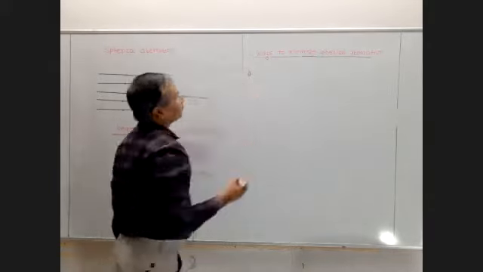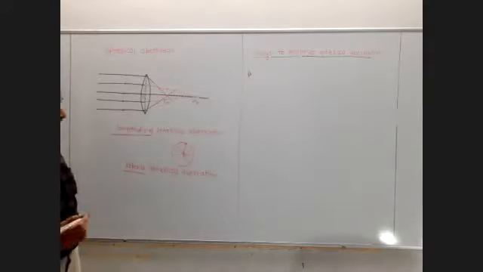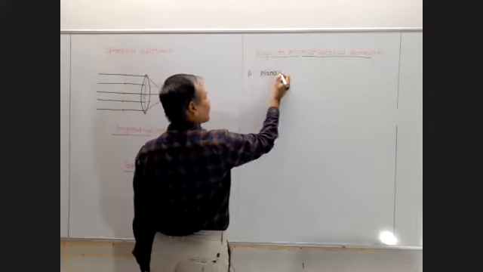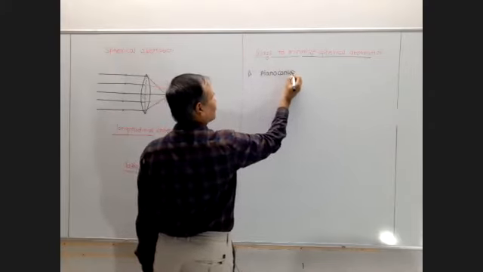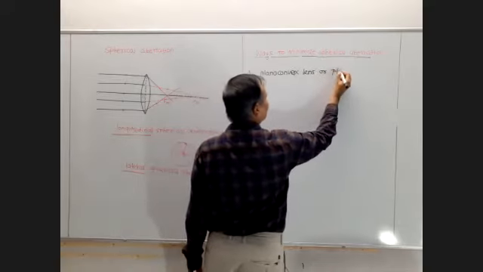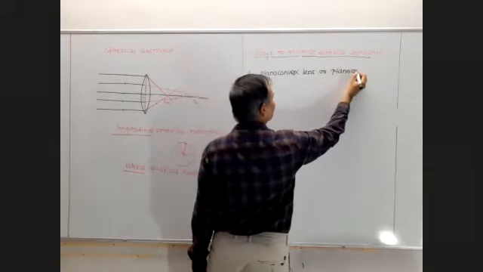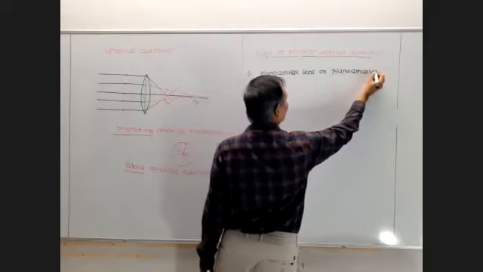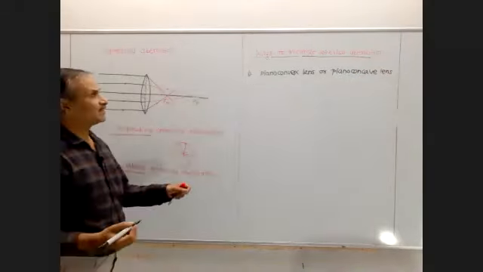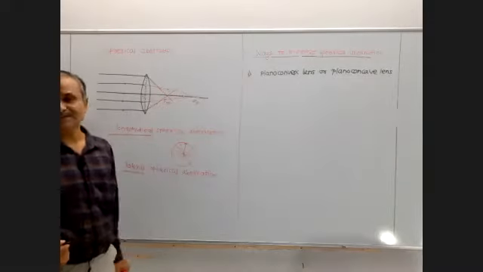First way to reduce it is by using the plano-convex lens or plano-concave lens with the curved surfaces facing towards the incident light.